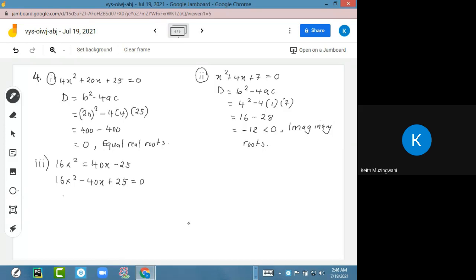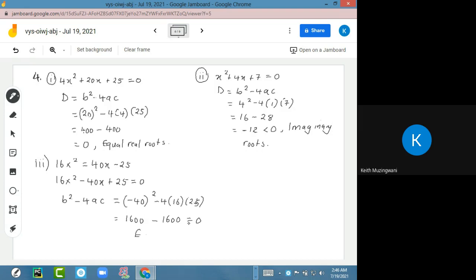This is equal to 0. And then get b squared minus 4ac, which will be negative 40 squared minus 4 times 16 times 25. And this is going to be 1600 minus another 1600, which is 0.